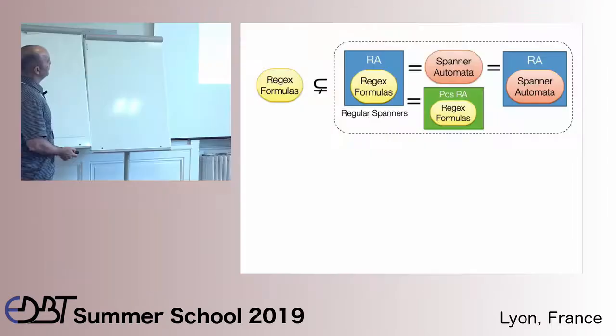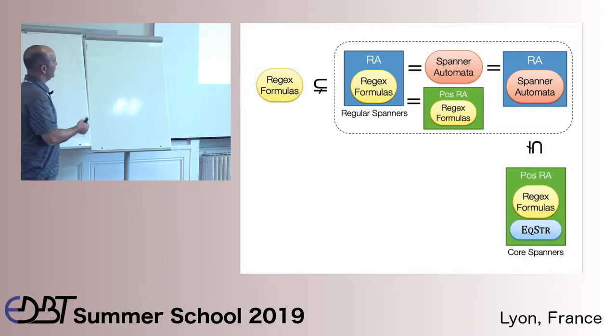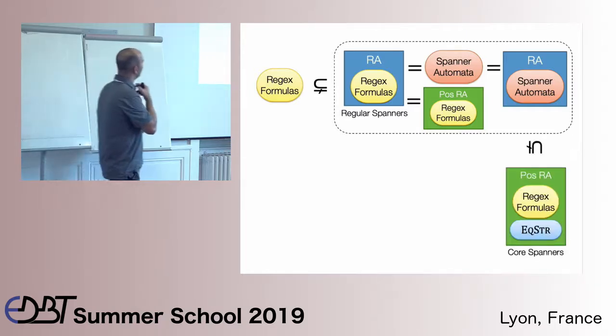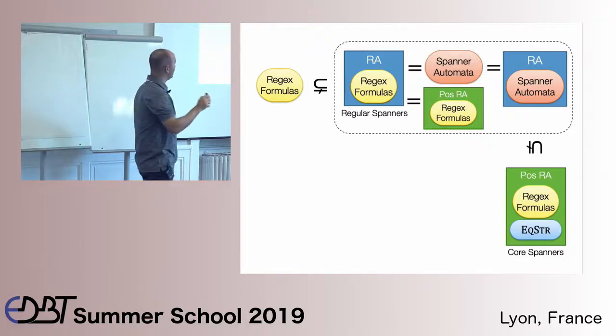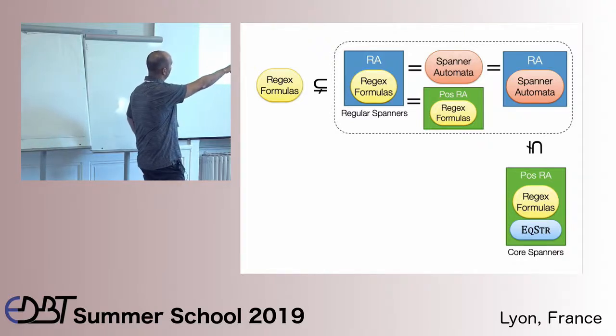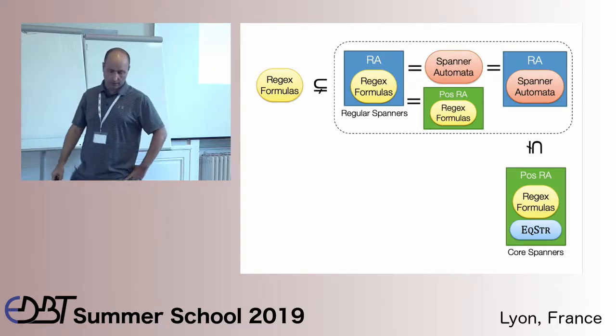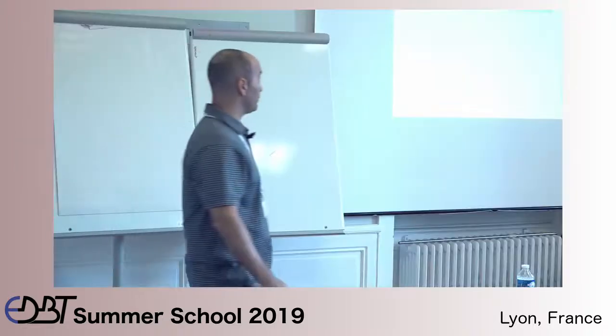So then we can continue this picture and establish that the regular spanners, which we can view as positive relational algebra on top of regex formulas, are strictly contained in expressive power in what you can do with positive relational algebra on top of the regex formulas and string equality, the ones called core spanners.